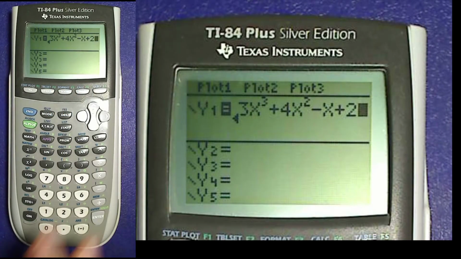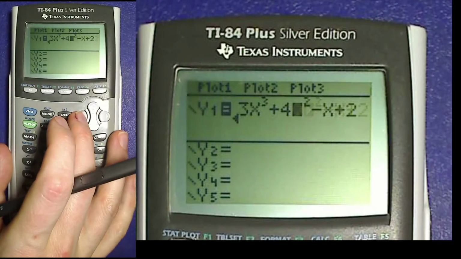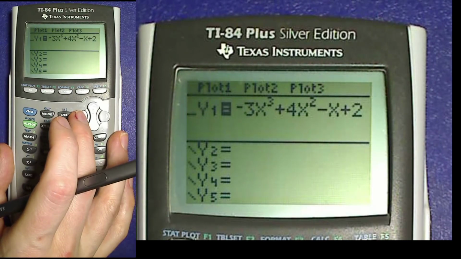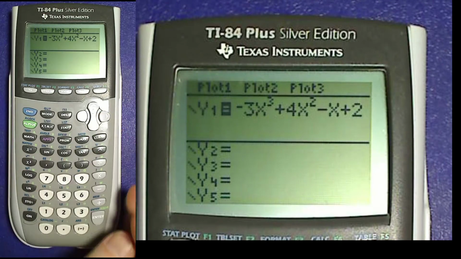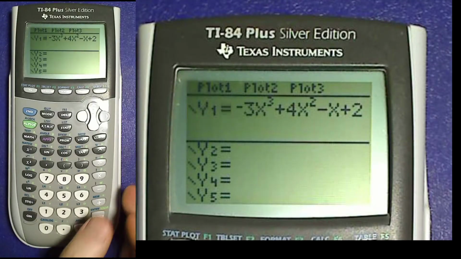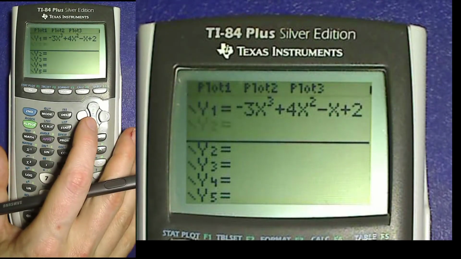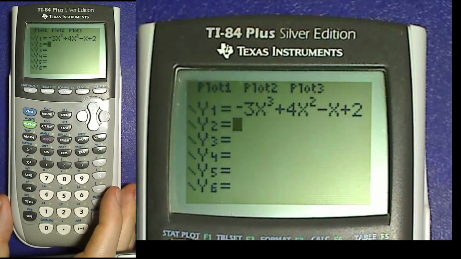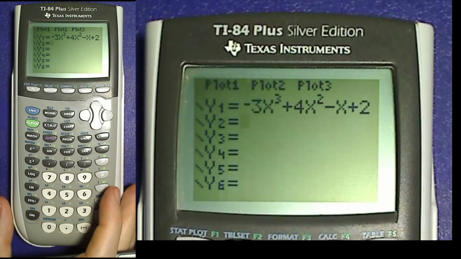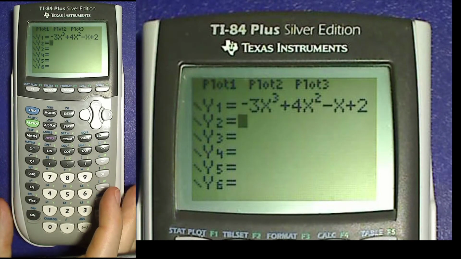Now, having done that, I'm not going to use it just yet. I just want it in there because I will use it. I'm going to go to the left, and you see the equal sign is blinking there. I'll hit enter to turn off y1. Then in y2, I'll put the derivative, the first derivative, f prime.